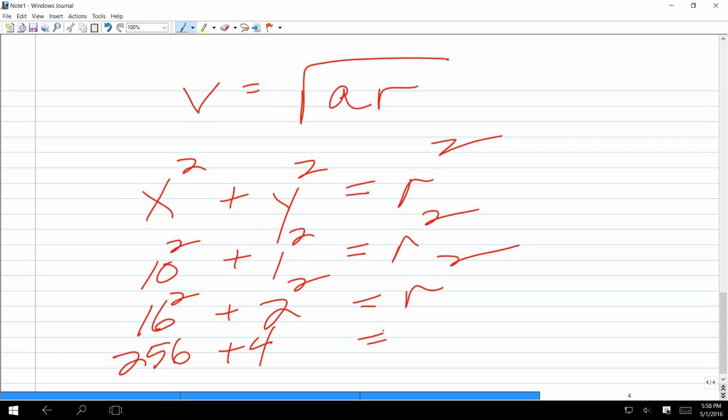And any point on that circle needs to fit that equation. Anyway, if we could figure out r, then we're just going to substitute r for whatever we solve it to be and put in 6.86 for a, and then we could figure out the velocity based on an a and an r.